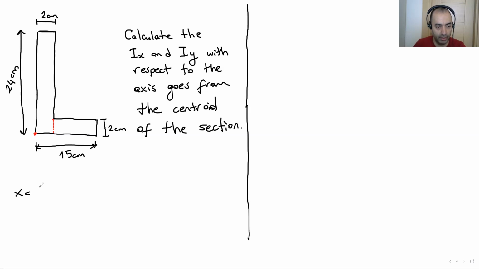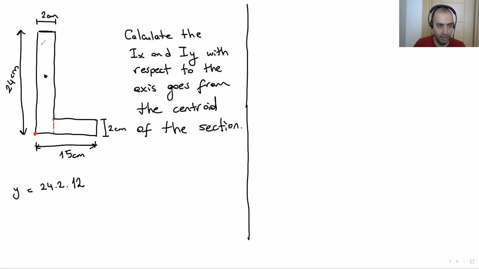Its area is, okay, this one, times the center point of this number is here. Distance to this line is 12. By the way, I'm doing y first, in the vertical direction.